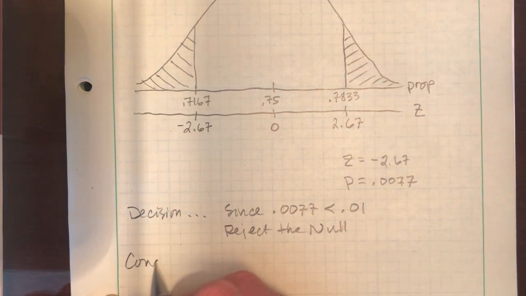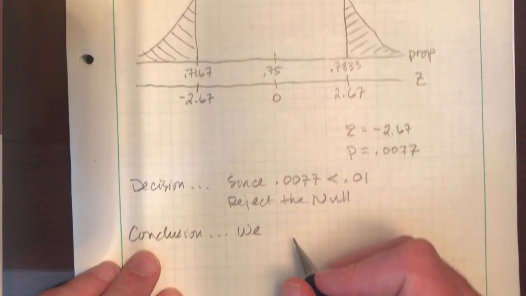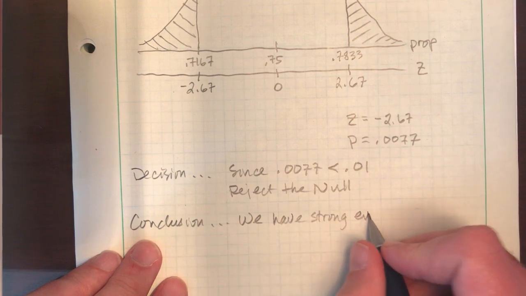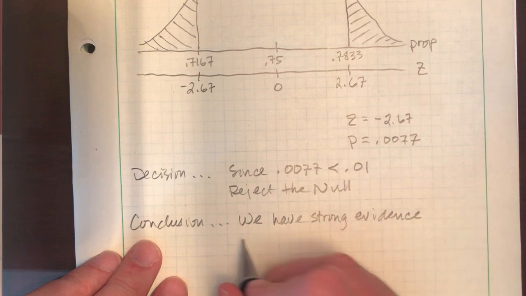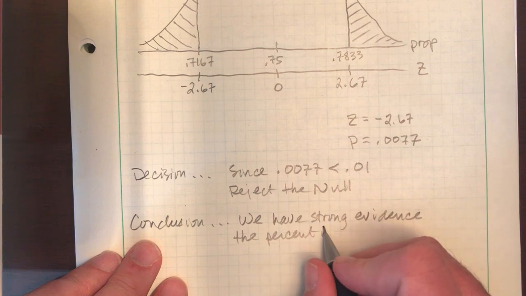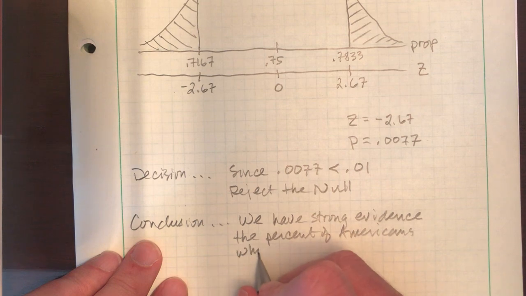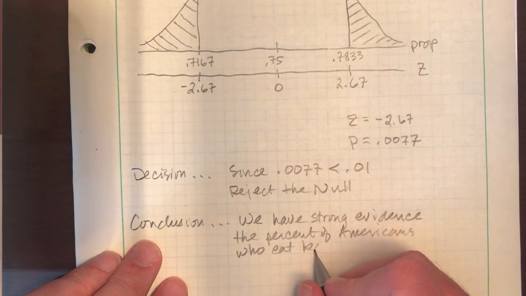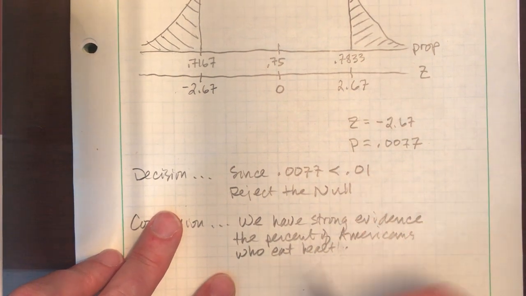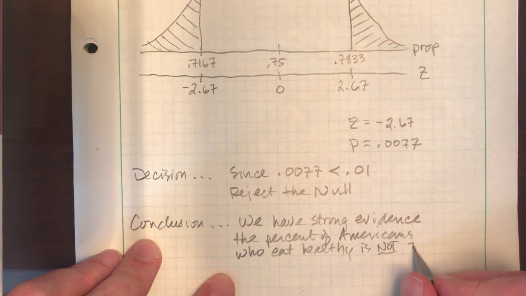My conclusion, then: we have strong evidence the percent of Americans who eat healthy is not 75%.